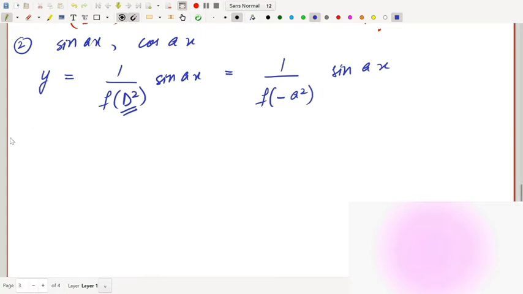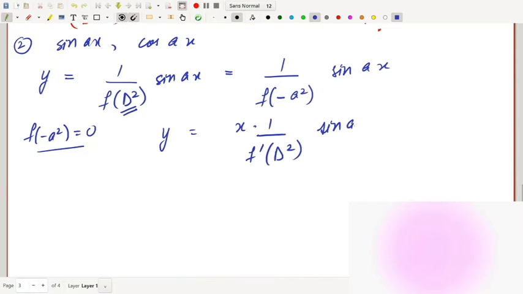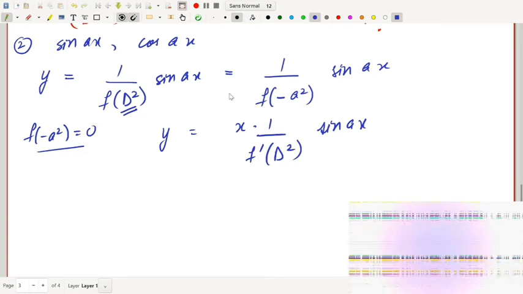In case f(minus a square) is equal to 0, then in that case y would be x into 1/f'(D square) sin ax, and repeat the process. D square को minus a square से replace कर देना है.